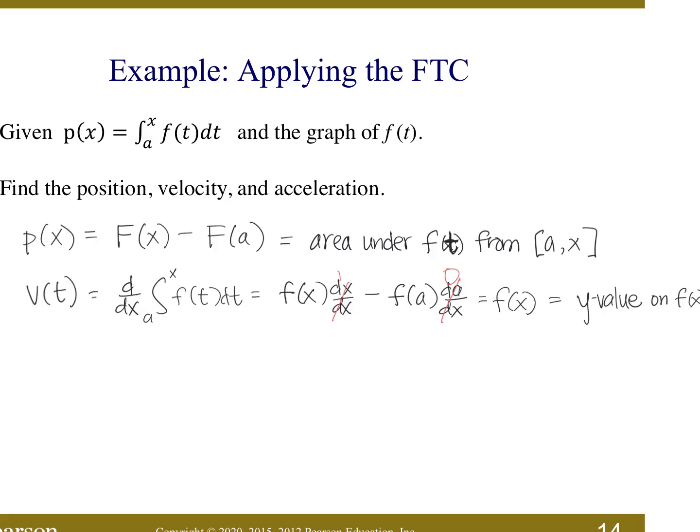And then acceleration would be the derivative of what you just got. And so since I just got f of x for velocity, then acceleration will be f prime of x, which means we're looking at the slope value.